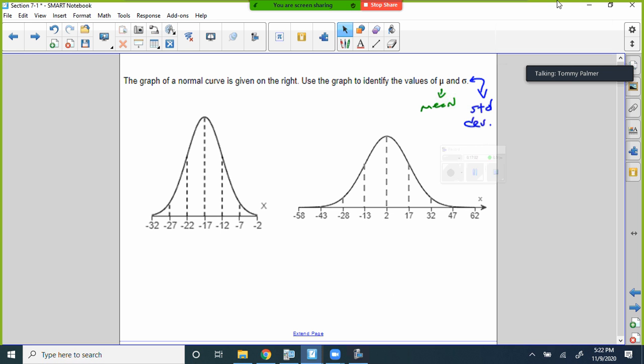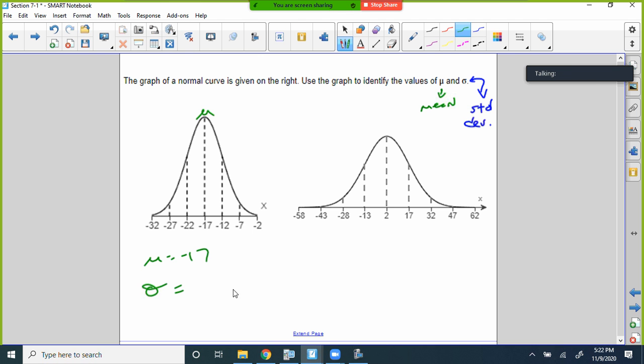Okay, so let's look at the first one. This is the mean. So the mean is what? Negative 17, right? And it has a standard deviation of what? 5. It's just 5, because you're going to go above and below it, right?